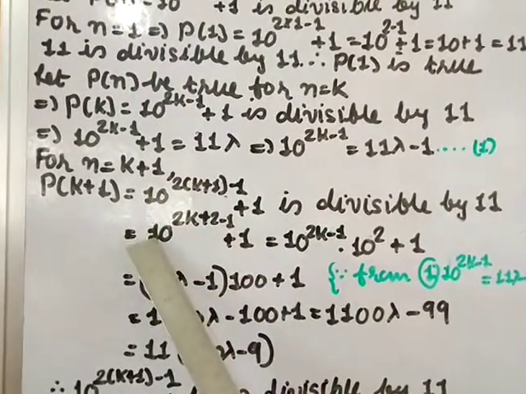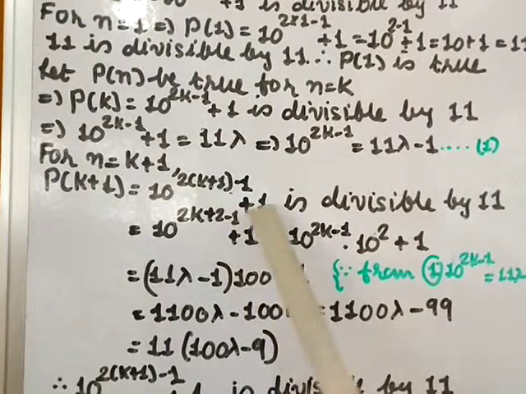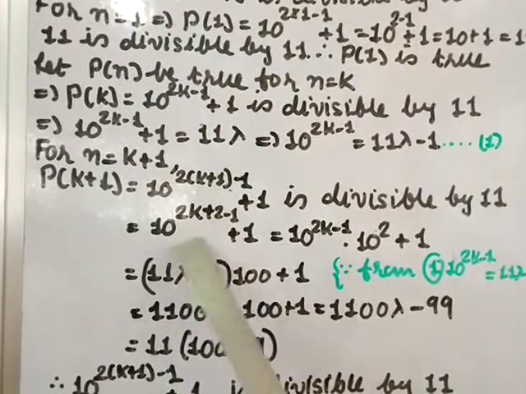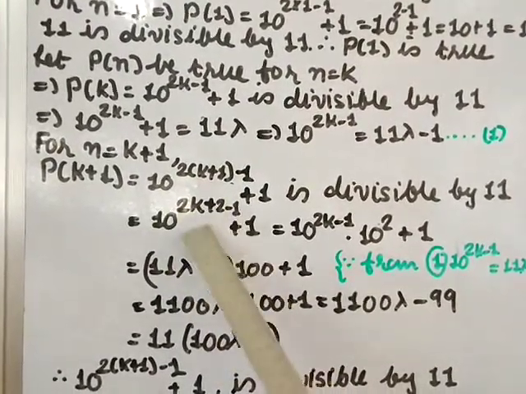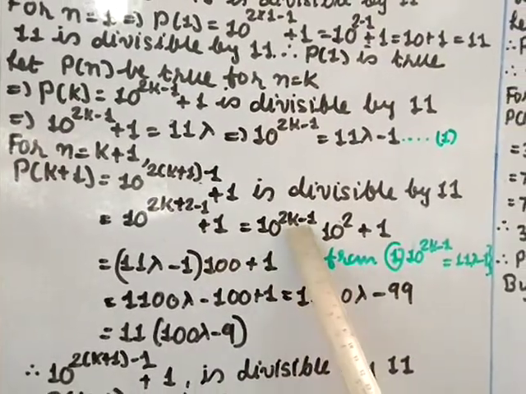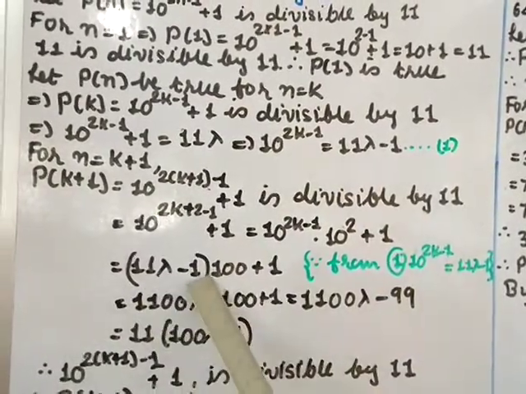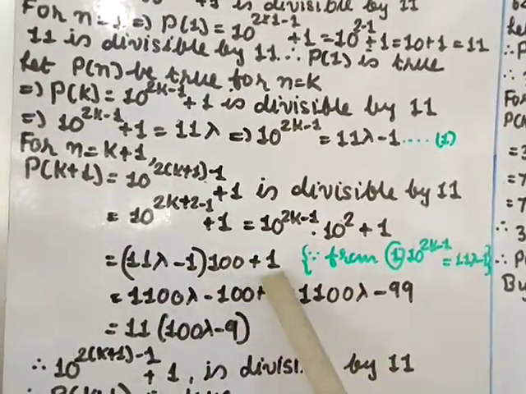Multiply 2 inside: 10 power 2k plus 2 minus 1 plus 1. Now I can separate this as 10 power 2k minus 1 into 10 square plus 1. 10 power 2k minus 1 you can write from number 1 as 11 lambda minus 1, so I put that here, and 10 square is 100, plus 1.